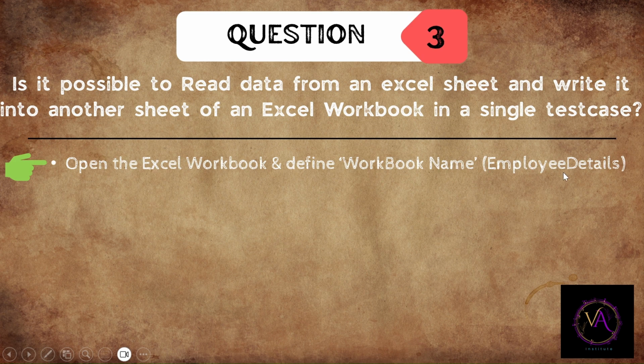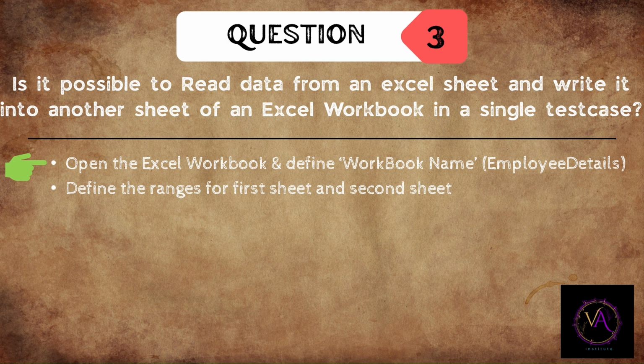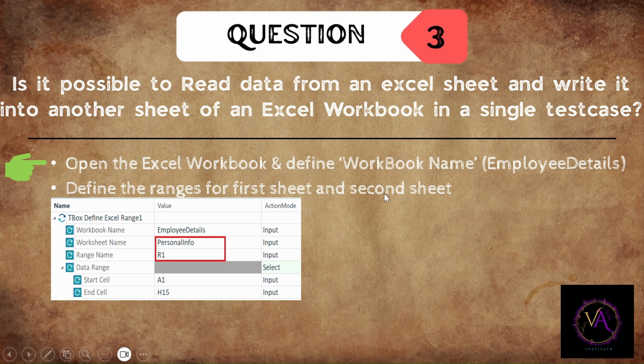Now inside this workbook, after opening it, the next step is define Excel range. Now define two separate Excel ranges. For example, you see different ranges for the first sheet and second sheet separately for the same workbook. In this employee details, I have the sheet name as personal info and I'm defining a range R1 as A1 to H15. So R1 is my range for the personal info sheet.